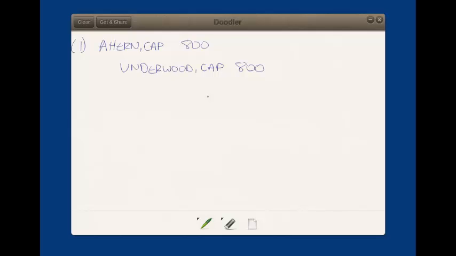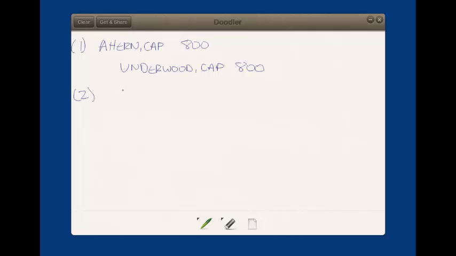Underwood invested an amount exactly equal to 1/3 interest in the partnership. So this means he invested the accounting value of 1/3 interest. So let's divide the partnership up into parts. It currently has two parts.